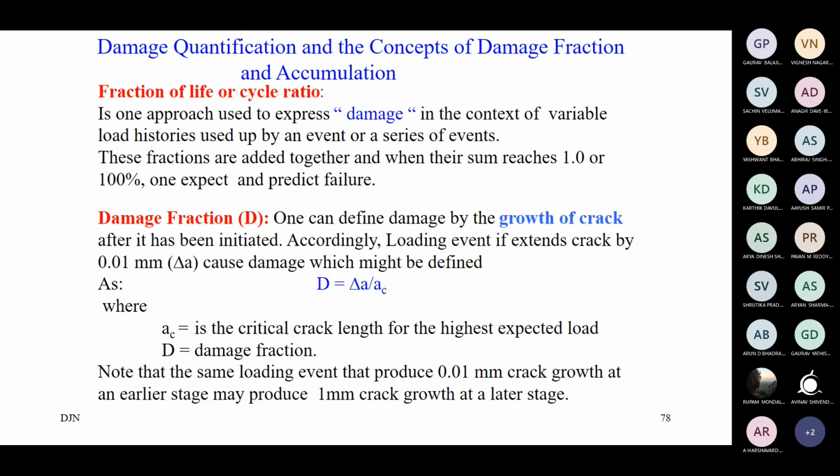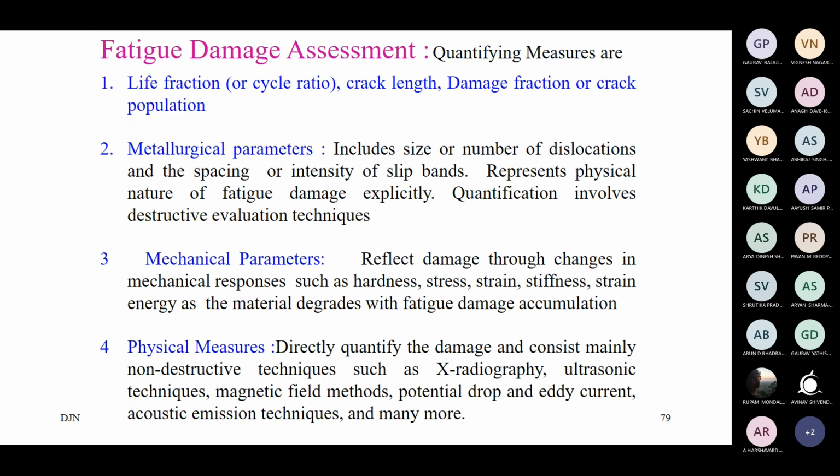Most often we see the cycle ratio, and if it is a fracture mechanics based approach, we can also talk about the damage fraction in terms of crack propagation for every cycle. These are the two most prominently used. We discussed this in our previous class, and we were at the end, here, in our previous class.